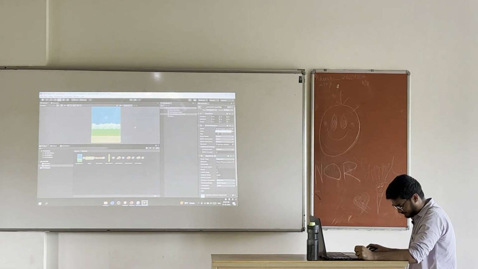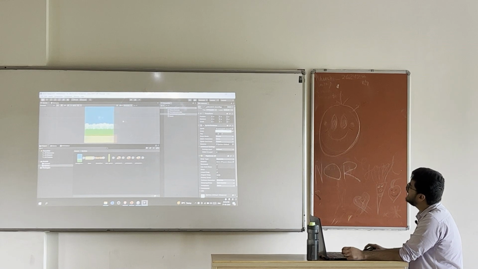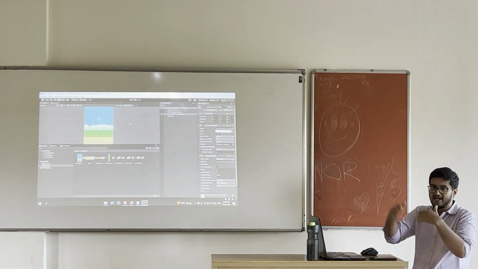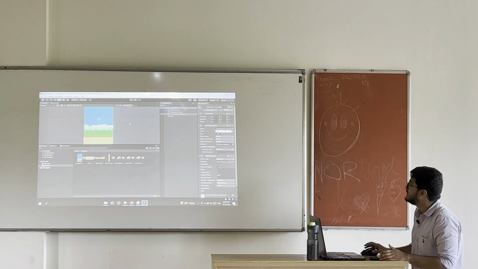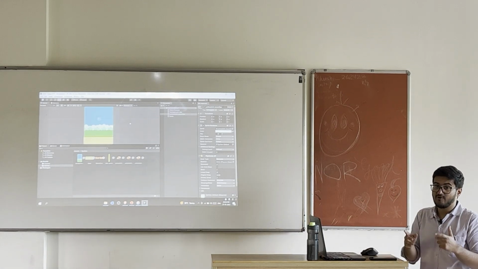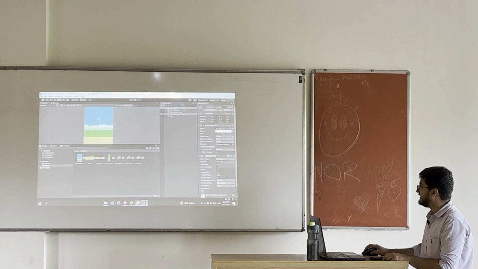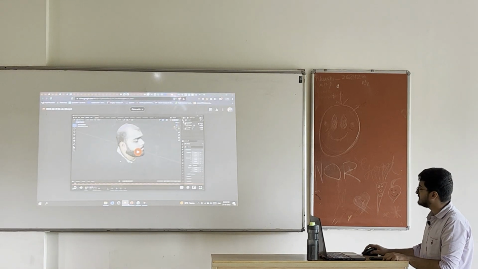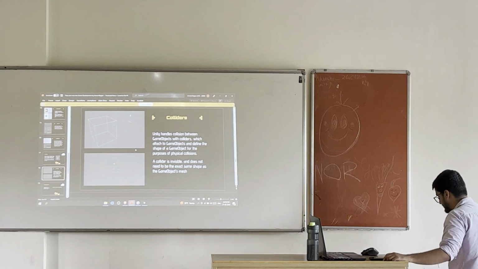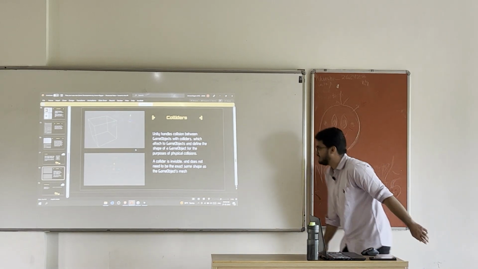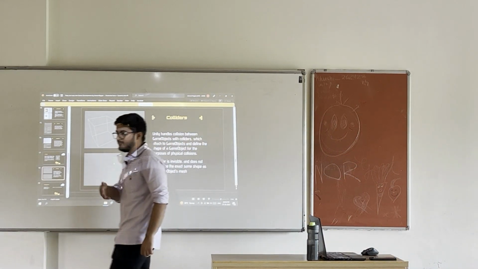And then we'll also need to check if the bird is colliding with the poles, right? So we'll also have to add a collider. I'll explain what a collider is. There are different types of collider: a sphere collider, a box collider.